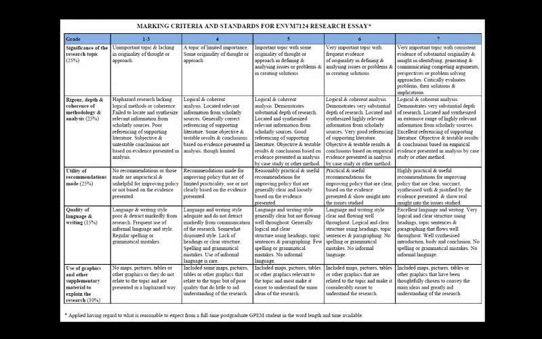Okay, there's a range of marking criteria, including the significance, the rigour, depth and coherence of the methodology and analysis. The third one's particularly important, the utility of the recommendations made. So for a 7, you've got highly practical and useful recommendations for improving policy that are clear, succinct, synthesised with and justified by the evidence presented and show real insight into the issues studied.